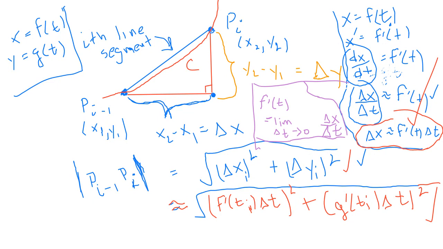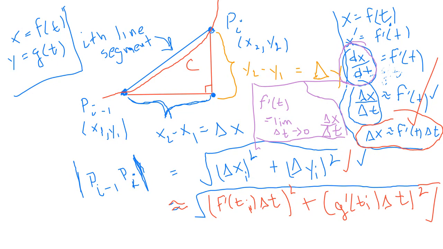dx/dt is a rate, rise over run, but as delta t goes to 0. In other words, think of delta x over delta t as the slope of a secant line.